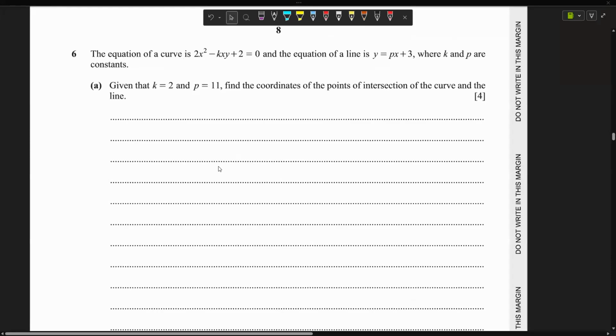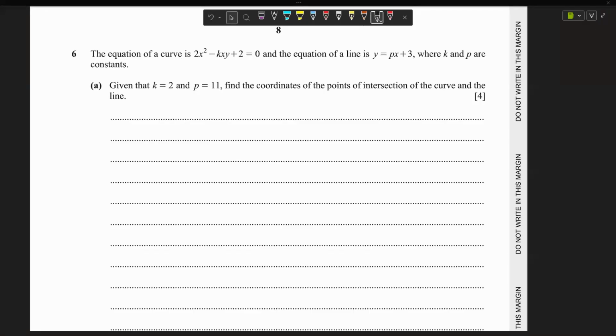The equation of a curve is 2x squared minus kxy plus 2 equal to 0, and the equation of a line is y is equal to px plus 3, where k and p are constants. When k is 2 and p is 11, find the coordinates of the points of intersection of the curve and the line.